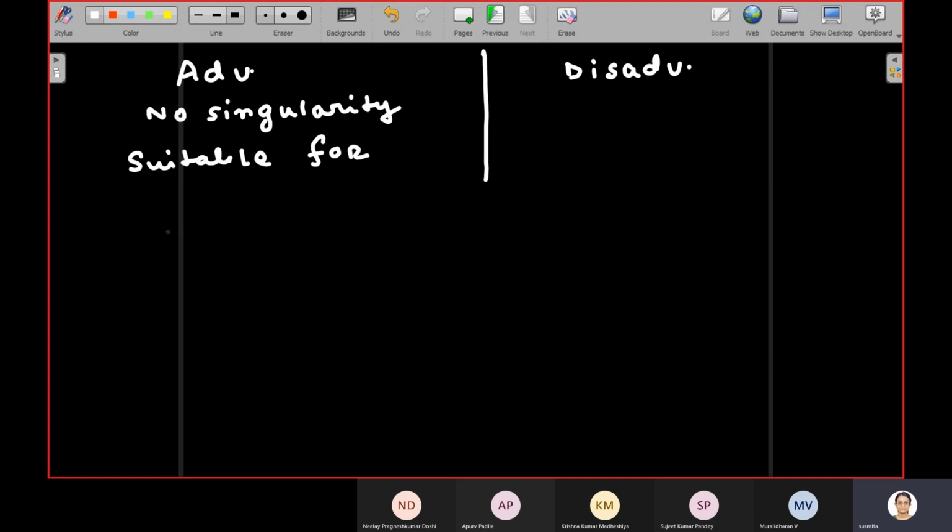We can account for successive rotations. We can go from one frame to another frame. Not only attitude, we can also change the resolving frame of a vector. So this is suitable for mathematical operations, and also has linear differential equations.